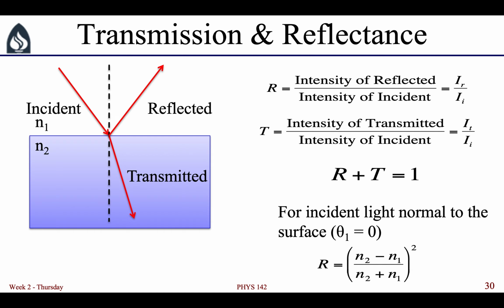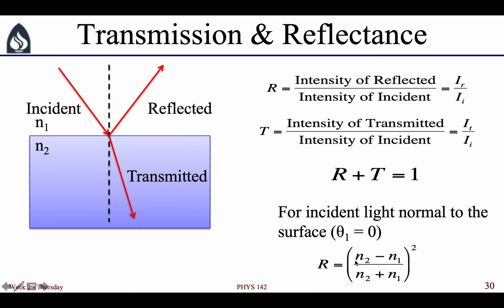If we have the special case where light is incident normal to the surface, so that means the incident angle is 0, the light is coming directly downward perpendicular to the surface, then we can use this formula which involves the index of refraction of the original material and the material that the light could be transmitted into or is reflecting off of.